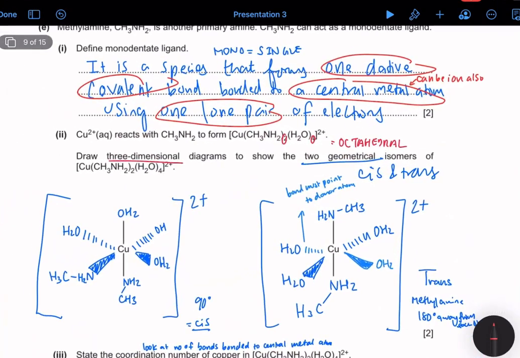So those are the keywords. Usually I use dative covalent instead of coordinate just to not get mixed up with maths and stuff. And it is always bonded to a central metal atom. You can also say it's bonded to a central metal ion using one lone pair of electrons.